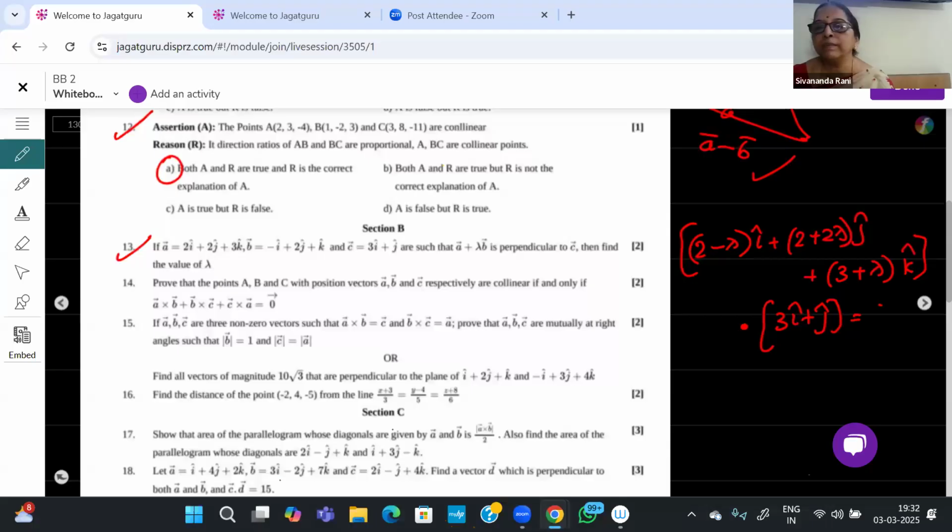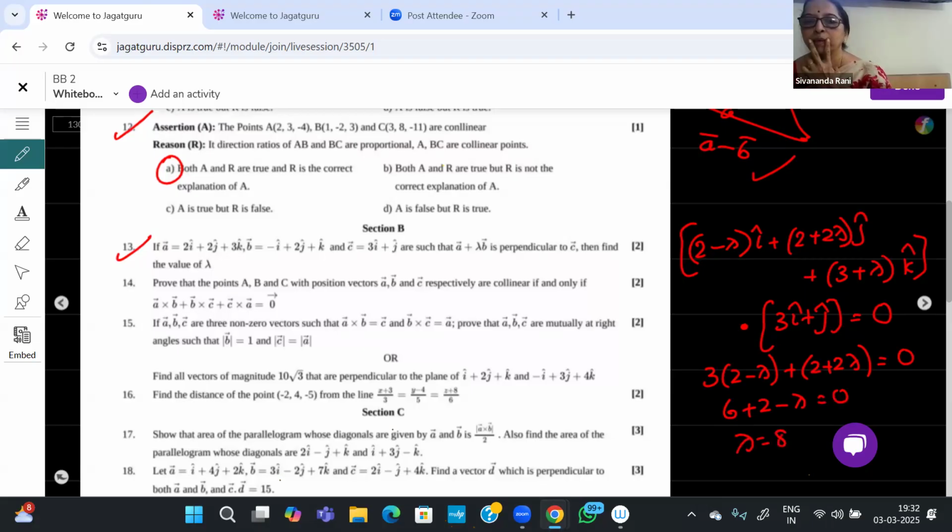You got 8. Perfect. Very good, Jessica. Okay. How many of you got 8? Got it, is it? Okay. Try this. The points A, B, C with position vectors a, b, c are collinear if and only if the sum of their cross products is 0.